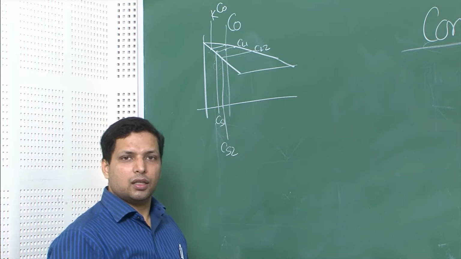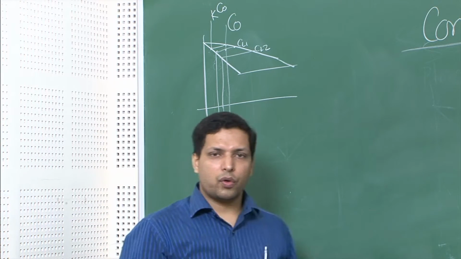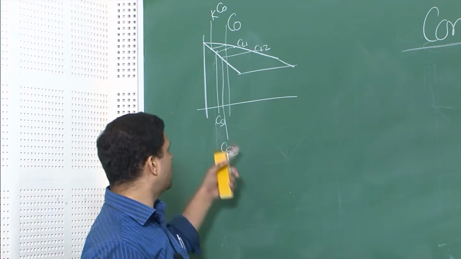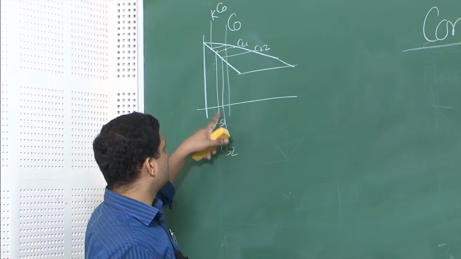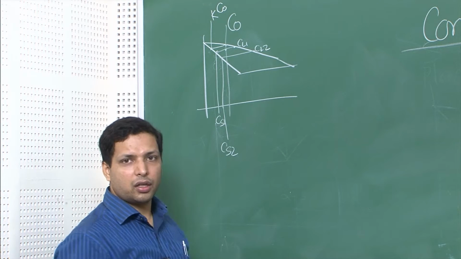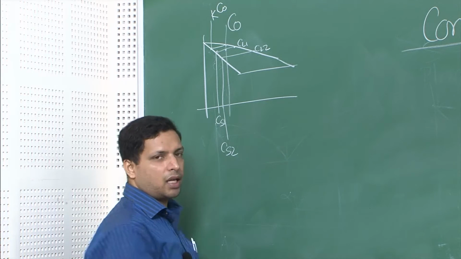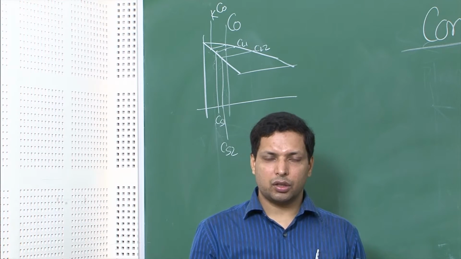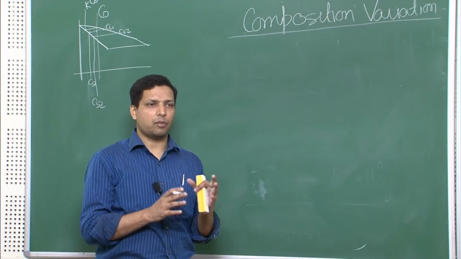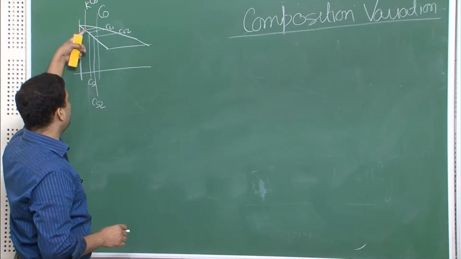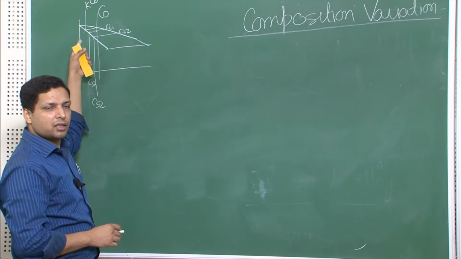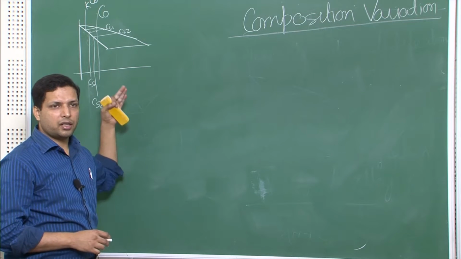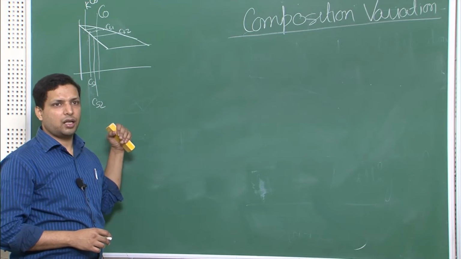Now you can see that although the overall composition should be C naught, and we would have assumed that the solid and liquid are in equilibrium, so that the overall solid will have that composition in a single phase, the way the solid is forming, it has changing composition at different temperatures.